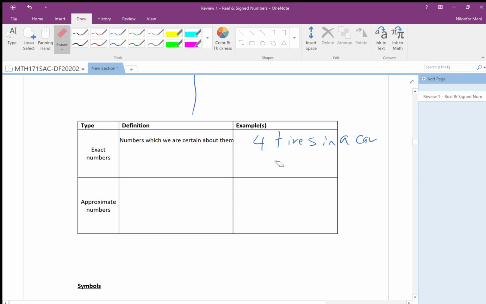For example, 4 tires in a car, 3 gifts, the number of gifts, the number of students, because I can count them. But approximate numbers, we measure them.